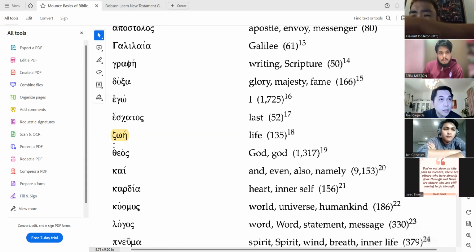So this is a zeta. And what is the next letter, which is a vowel? No, it's close. This is an omega, okay? So you have a clue. Zeta and an omega. Zo.